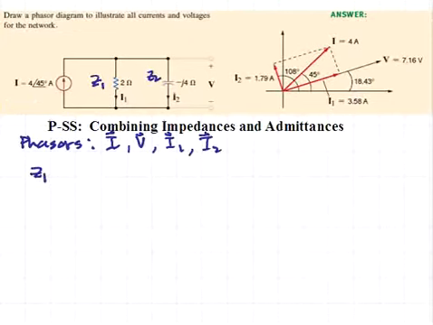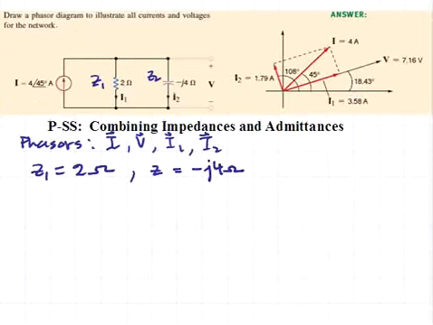So Z1 will equal just the resistance of 2 ohms. Z2 is the impedance of the capacitor, and this is equal to minus J4 ohms.